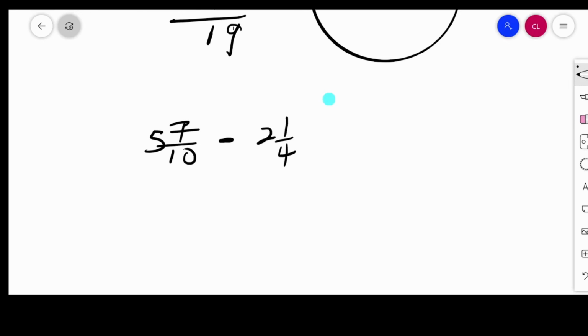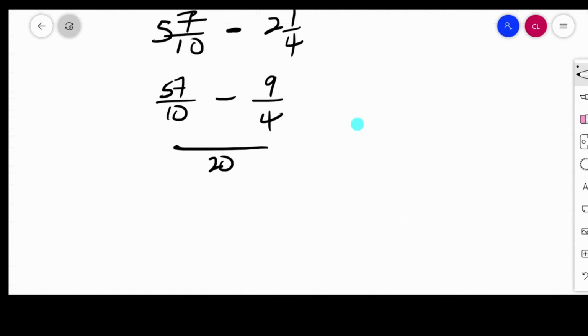So in this instance, we're going to have 57 over 10 minus 9 over 4, again 20, and this will give us 10 into 20 is 2 times, and we know that 2 times this would give us 114 minus 45. So it's 114, and we're going to take 45 out of this.